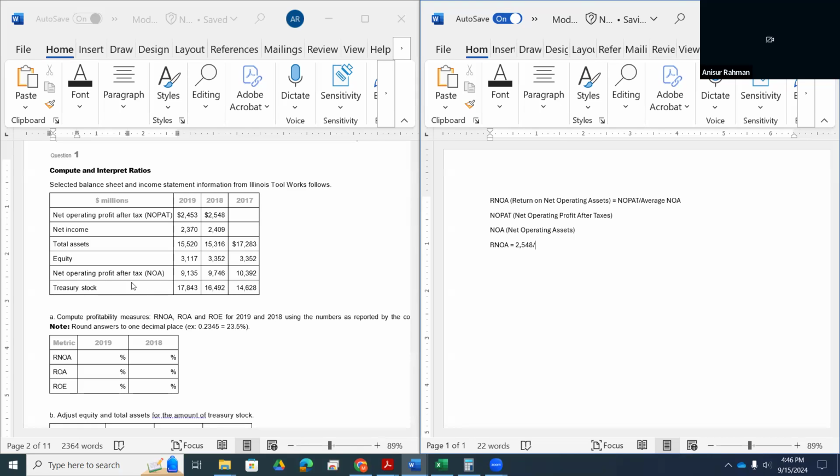So this writing should be net operating assets. For 2018, when we calculate average net operating assets, we have to take the net operating assets of 2018 and 2017.